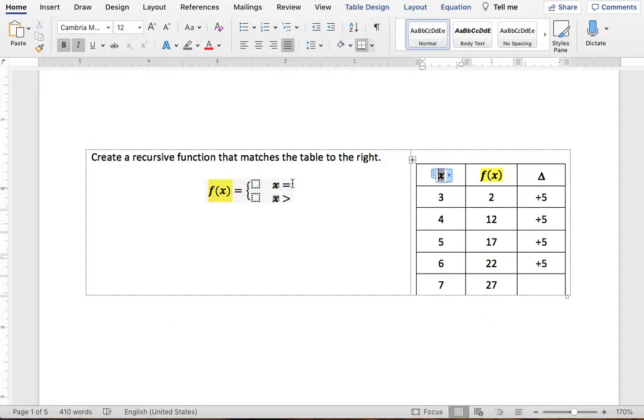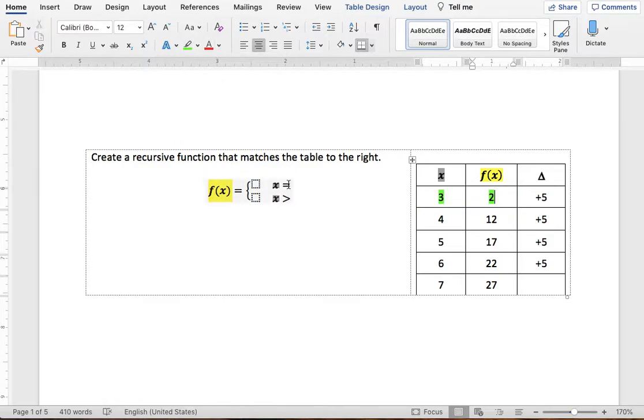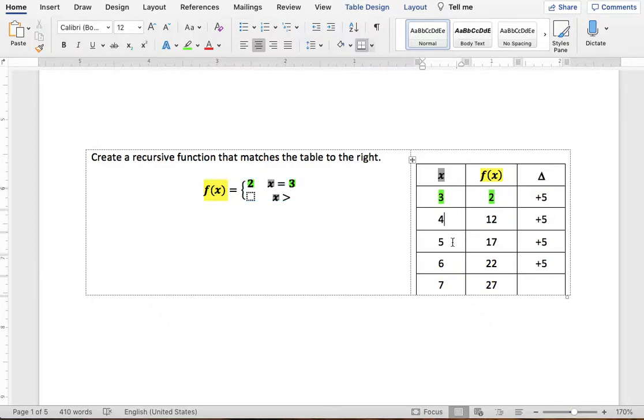All right. Now let's look at our starting values. I know when x equals 3, my y, or my f of x, is equal to 2. So those values I'm going to use to fill in this right here, 3 and 2. And since it's going 3, then 4, then 5, then 6, then 7, these are increasing in value.